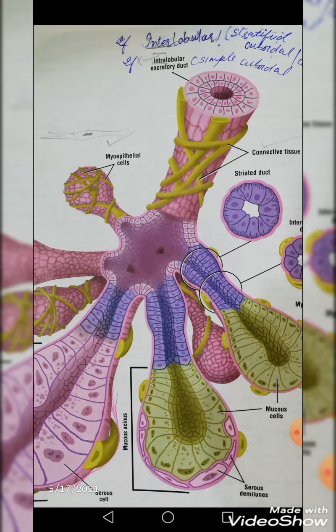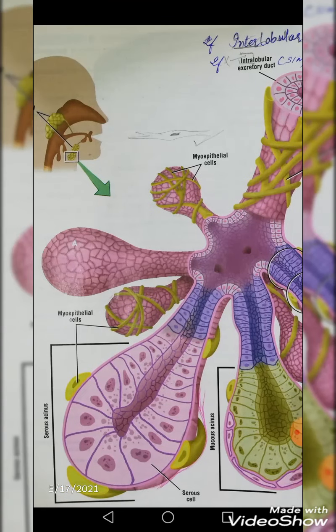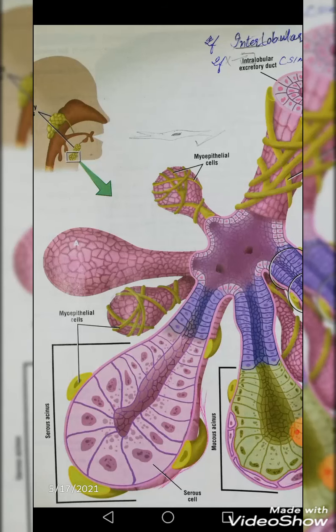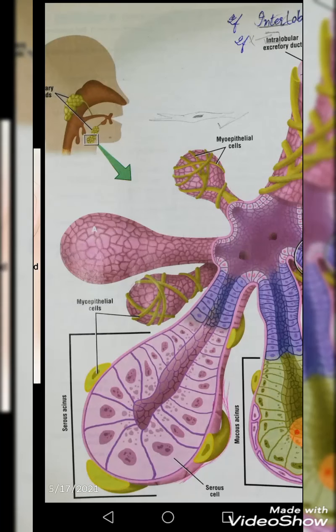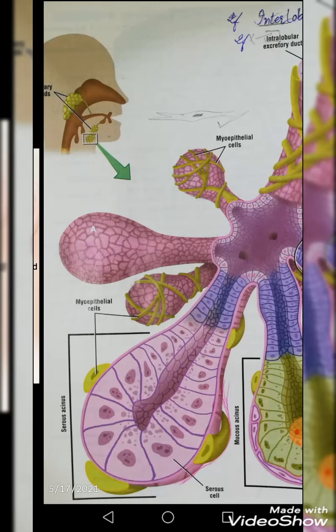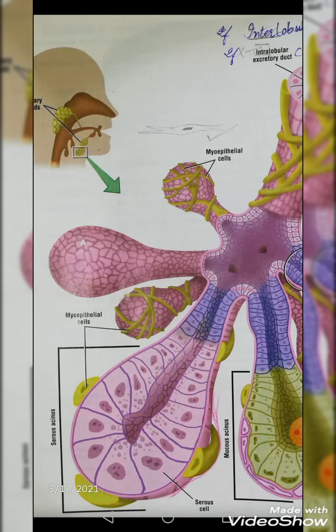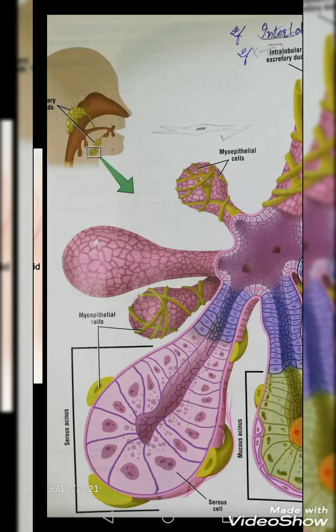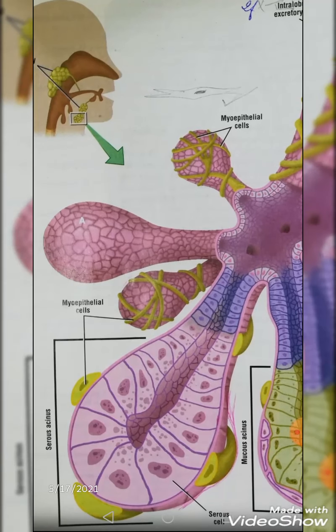Now we have to discuss them one by one. These acini, or alveoli, are rather spherical structures and secretory in nature, because their cells are specialized to secrete, having a central cavity.